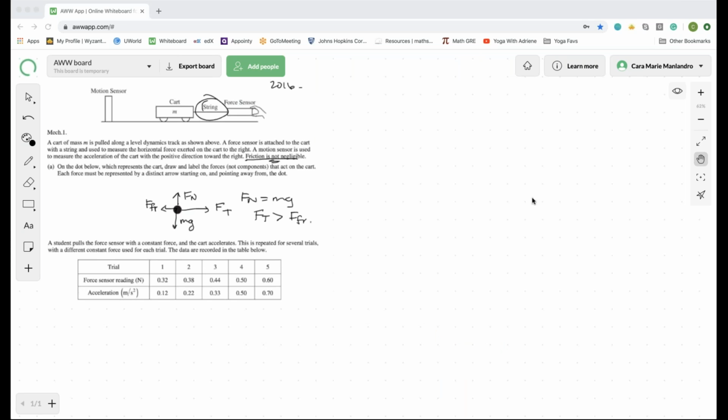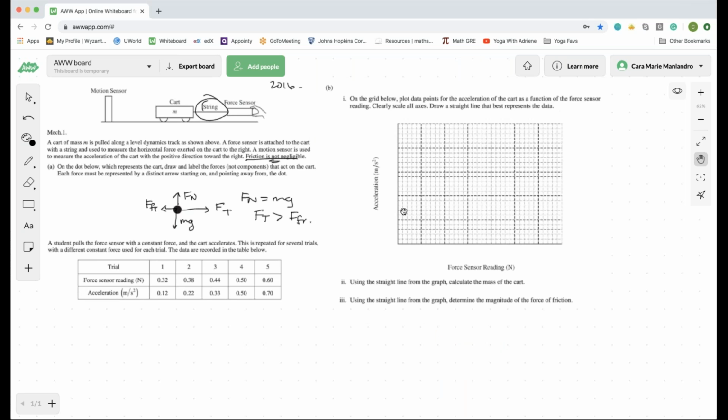All right, so if we were to graph it, we're going to get a straight line. They put the axes on there for us, and I'm going to give you the slope. The slope here is going to be 2.16.